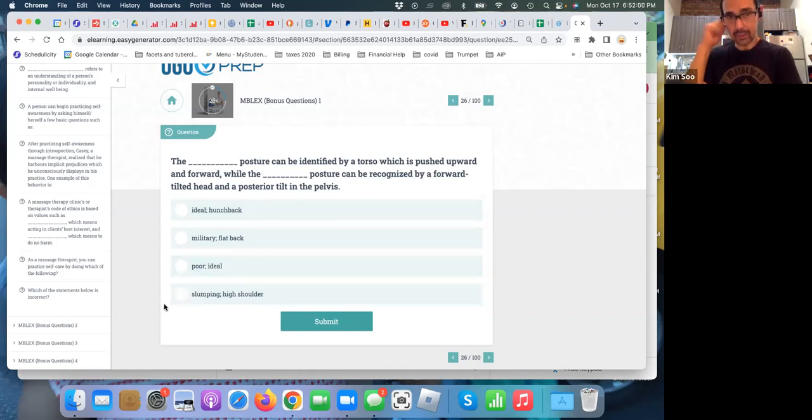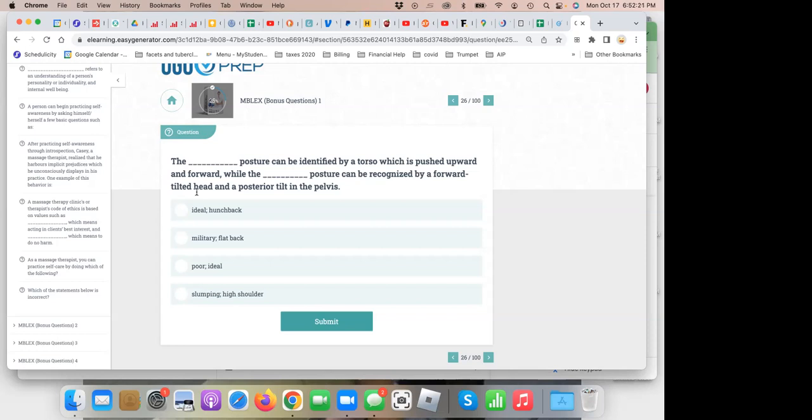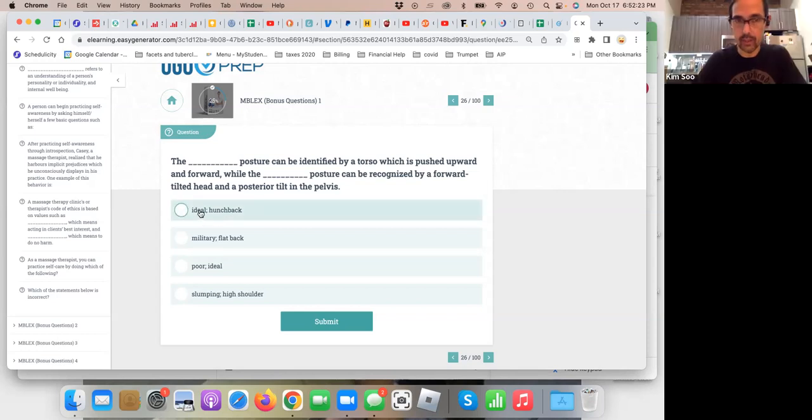I'm not going to guess that one yet. So you guys call out, which one do you think has a posterior tilt in the pelvis? Hunchback, flat back, ideal, or high shoulder? Hunchback. Okay, let's go with hunchback.